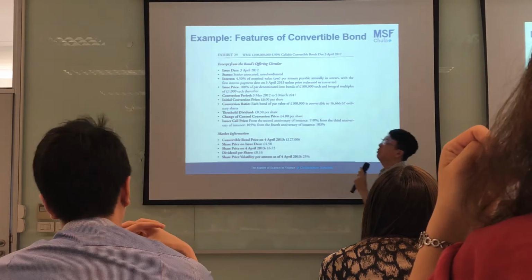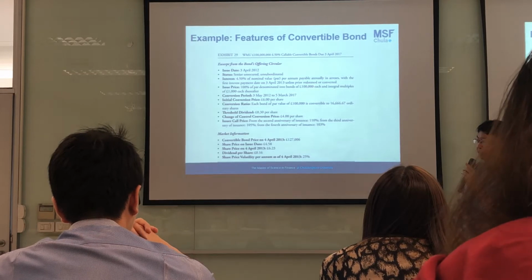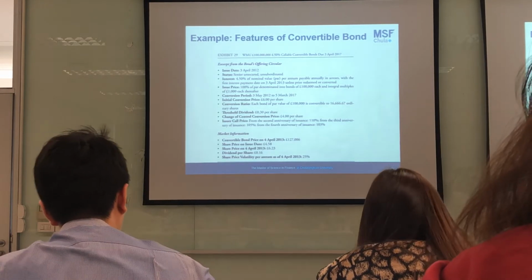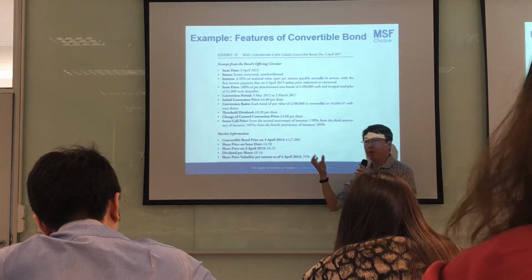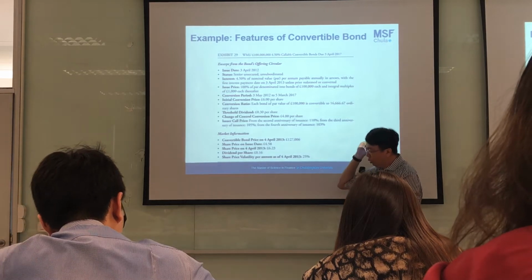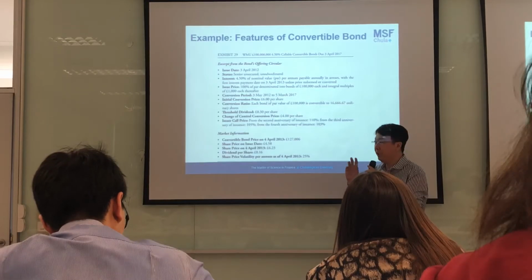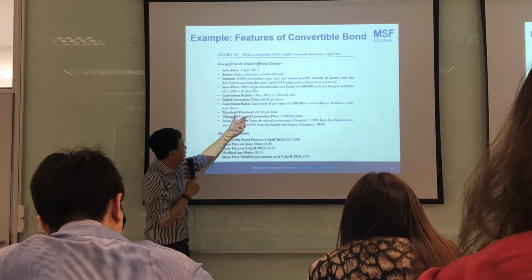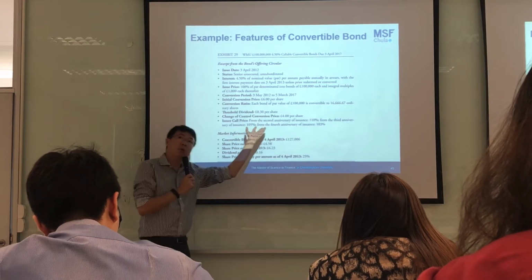Change of control. In case the firm has a change of control, for example, the firm is taken over or is merged with another, in this case this convertible bond provides the option for the bondholder to convert the bond into the stock before these corporate events, like the merger and acquisition, and also provides some more incentive or benefit by reducing the conversion price from 6 to 4.